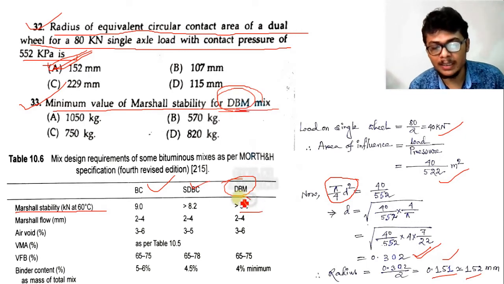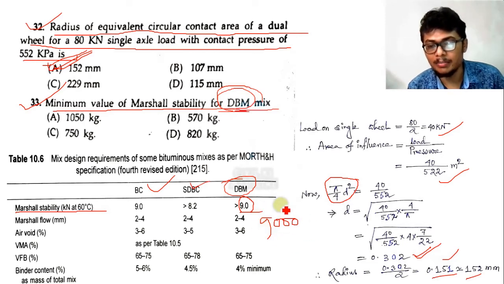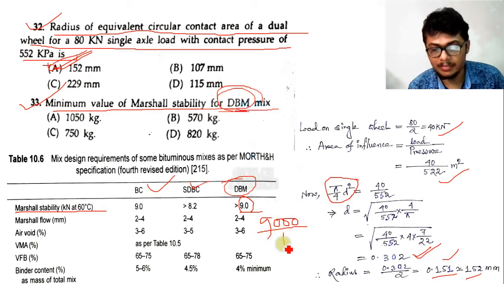Now convert it. 9 kilonewton means 9000 Newton. Now I will convert it to kg, so I will divide it by g, which is actually 9.81, but I take 10.